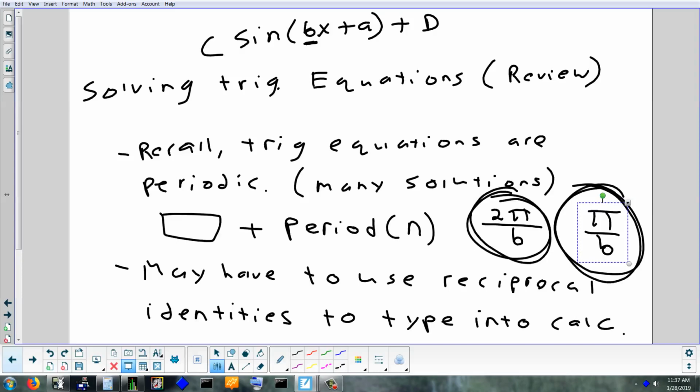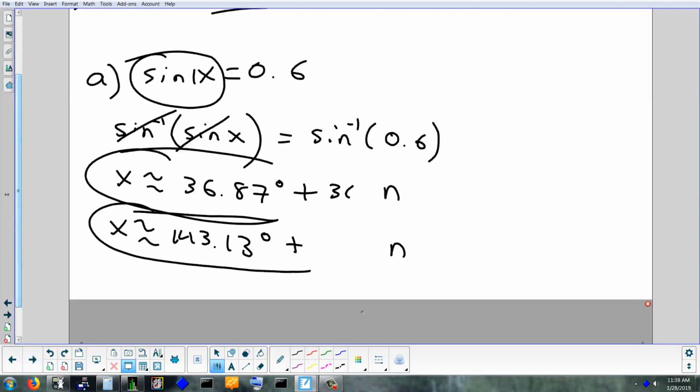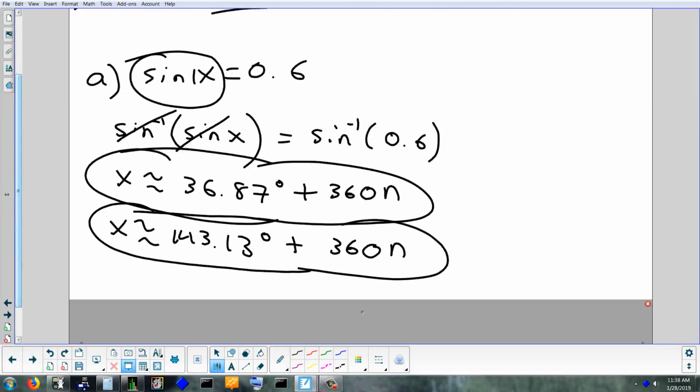The one on the left. So it's 360 divided by 1, which is just 360. That's just a normal sine function. You haven't stretched or compressed the period at all. So each of those answers are going to repeat every 360 degrees.